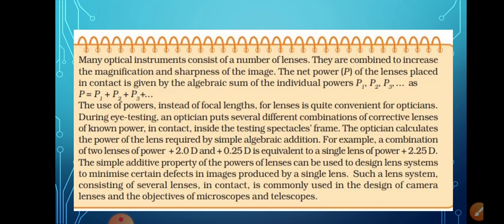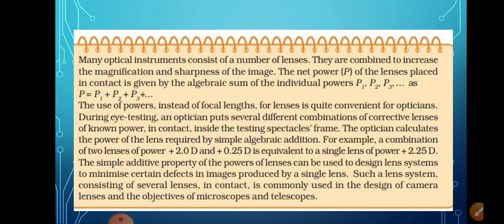The simple additive property of power of lenses can be used to design lens systems to minimize certain defects in the image produced by a single lens. Such a lens system consisting of several lenses in contact is commonly used in the design of camera, objectives of microscope and telescope.